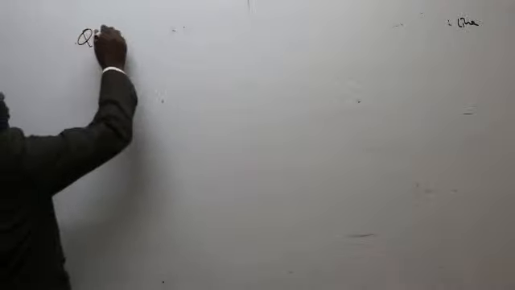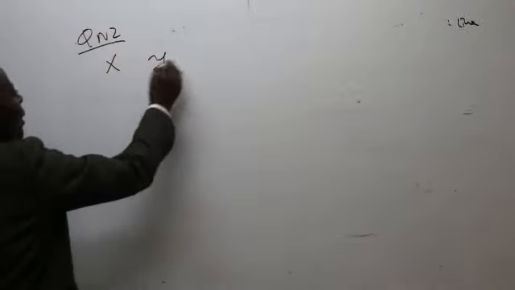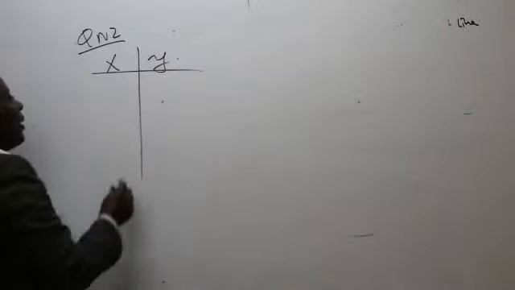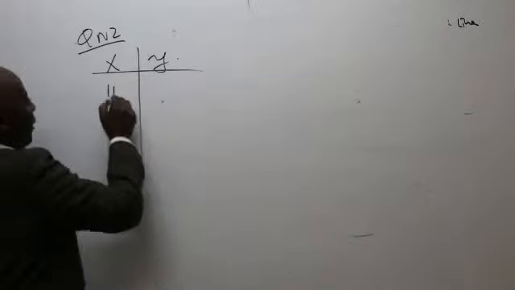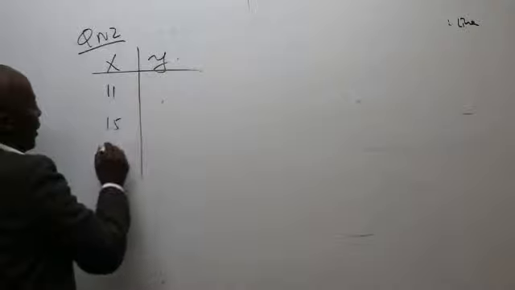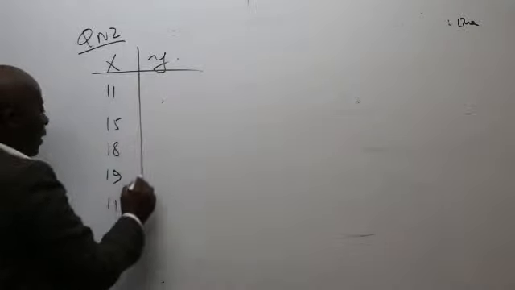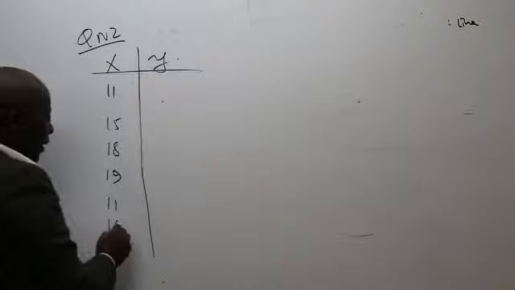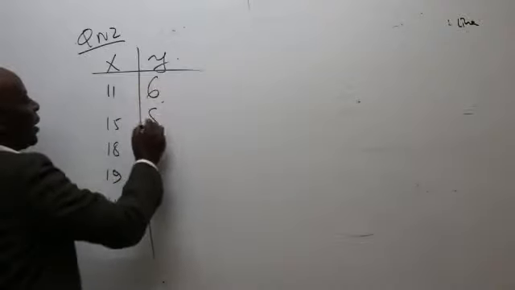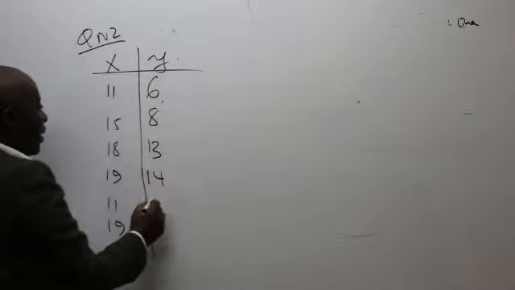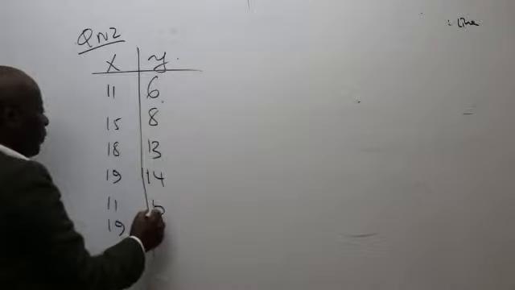We are given here question number 2, X and Y. We have 11, 15, 18, 19, 11, and then 19. So we have here 6, 8, 13, or rather 14. We have here 5.